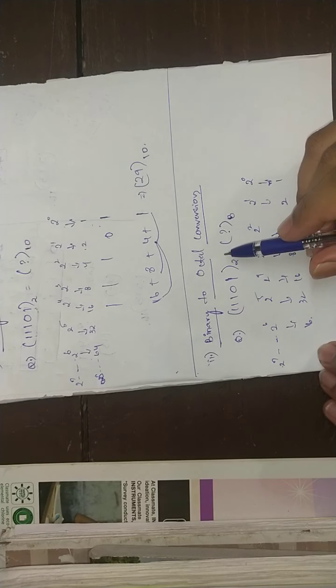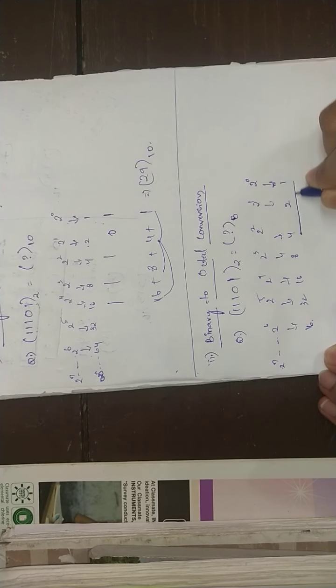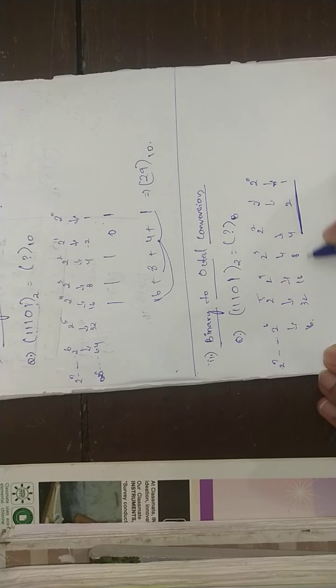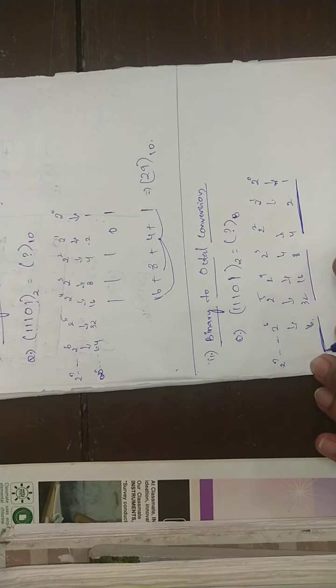Now in this octal conversion, what we have to do is take the last 3-digit numbers, 3-bit binary. Here 3-bit binary, here 3-bit binary. Okay, consider the numbers.